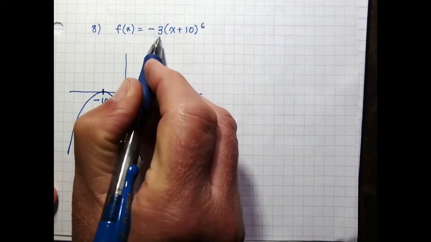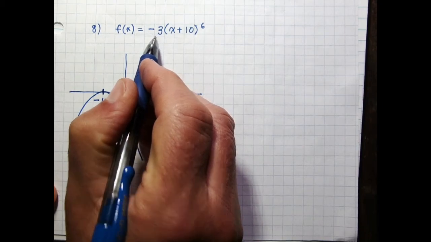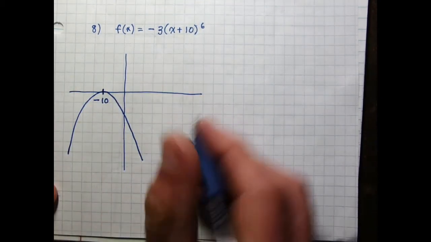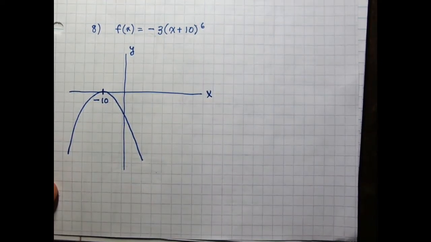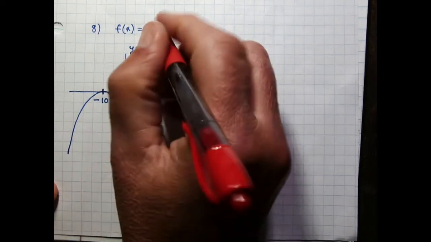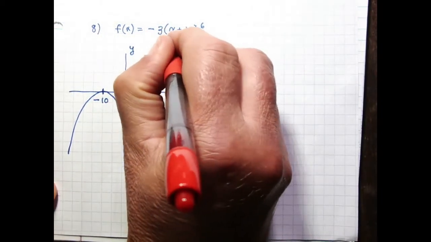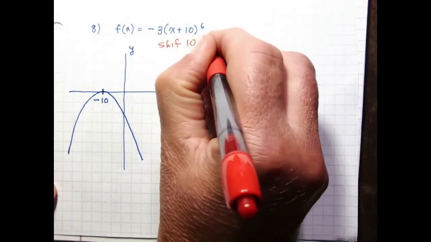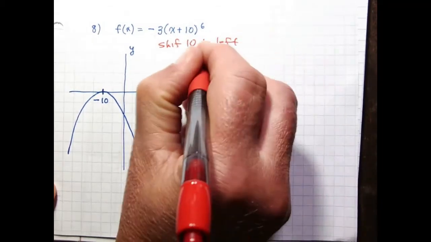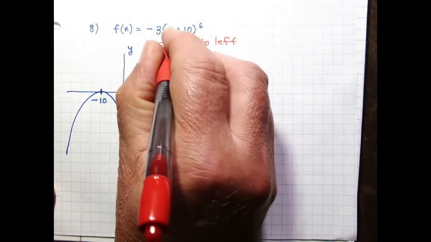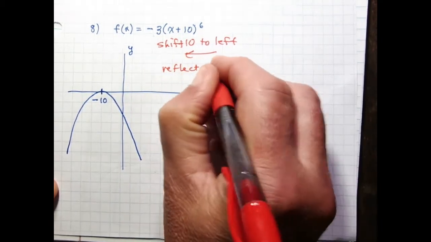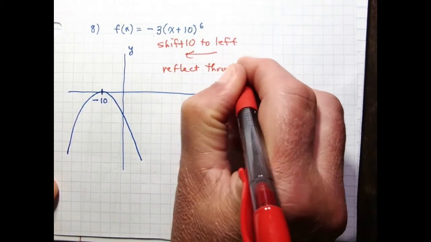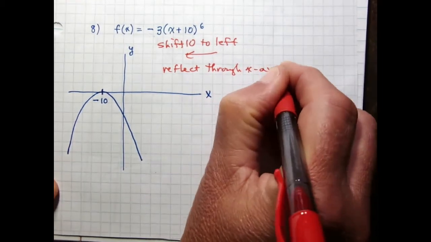The effect of the 3 will just be to stretch a bit, which I don't have to accommodate. It's still the same general shape. So shift 10 to the left, and also reflect through the x-axis.